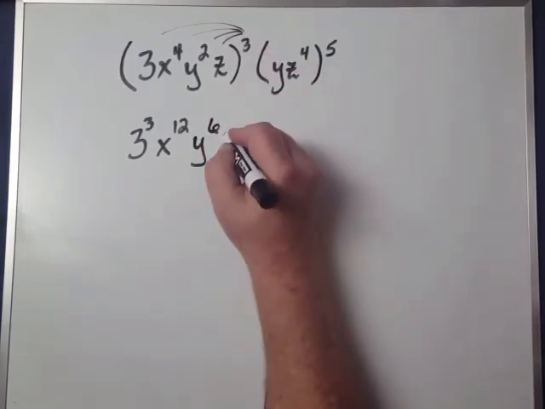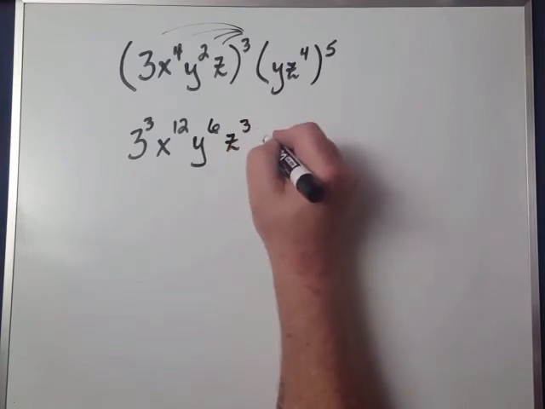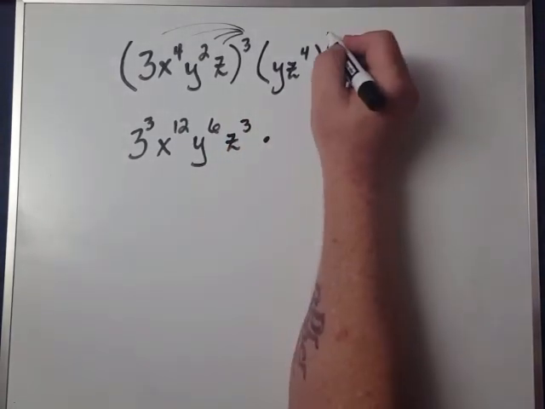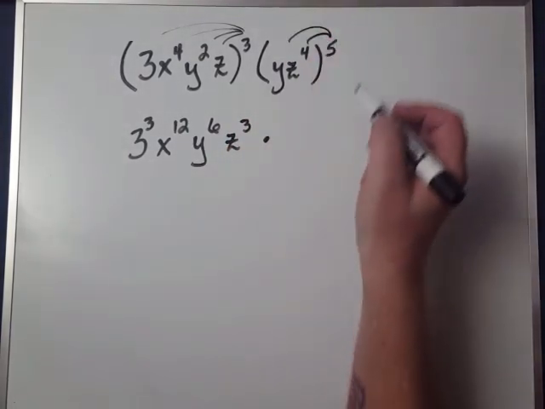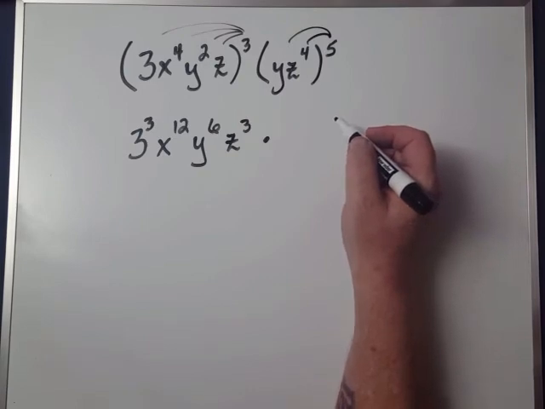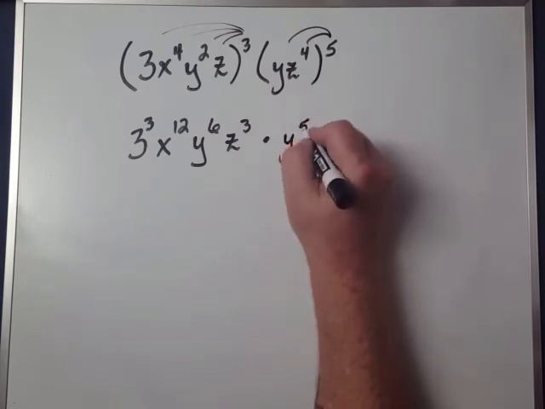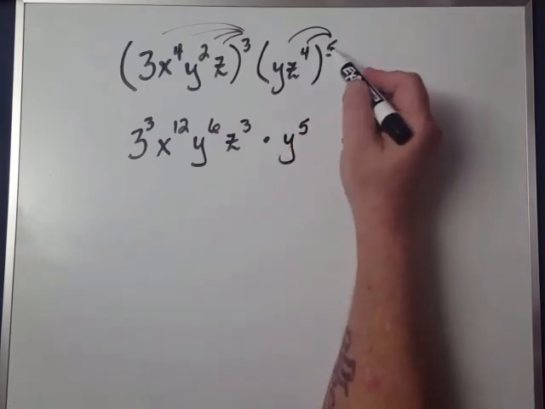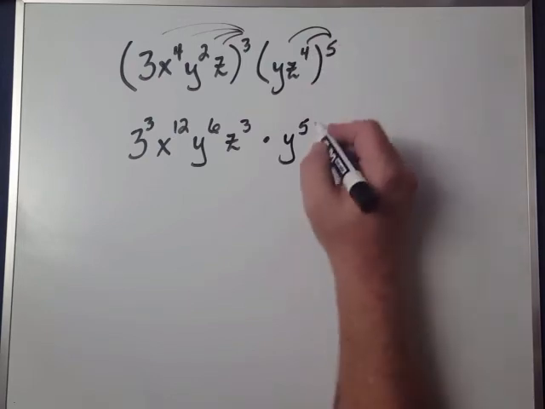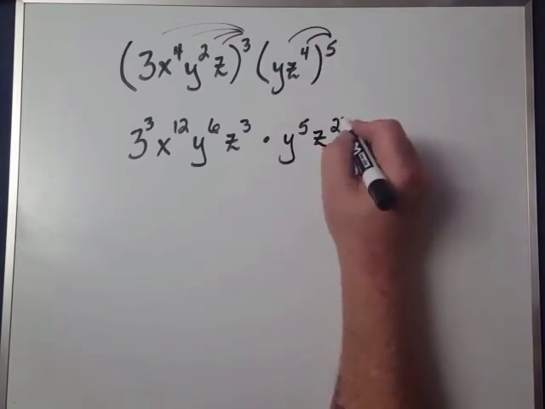And this, of course, is just z to the 3rd. We'll distribute this power in on the 2 factors in this second set of parentheses. That's going to give me y to the 5th and what? Z to the 4th to the 5th. That's a power to a power. So we multiply those powers.